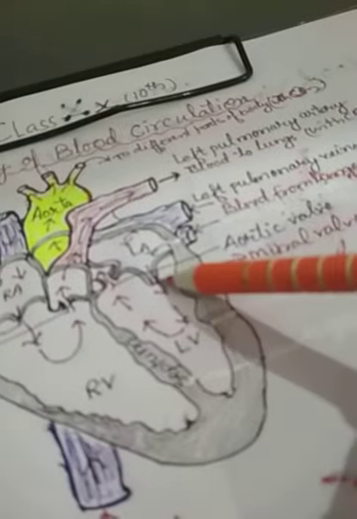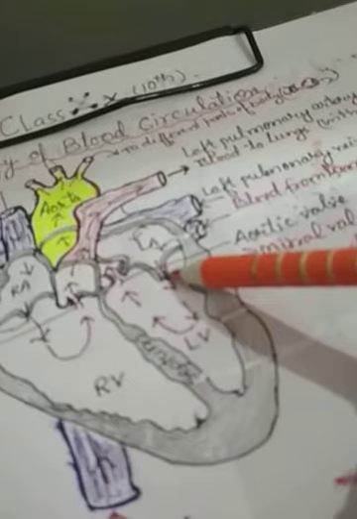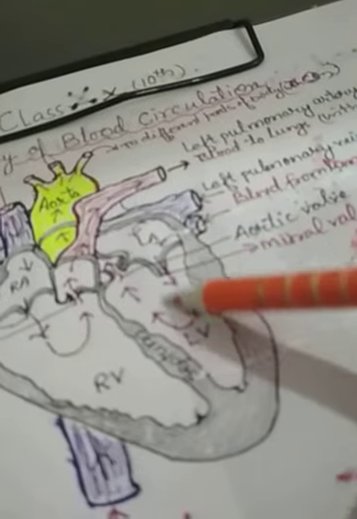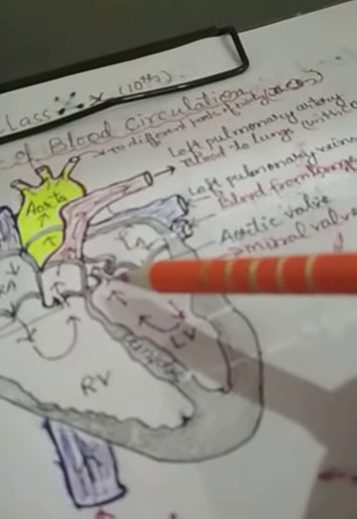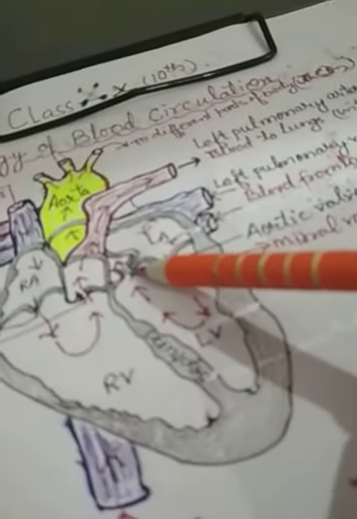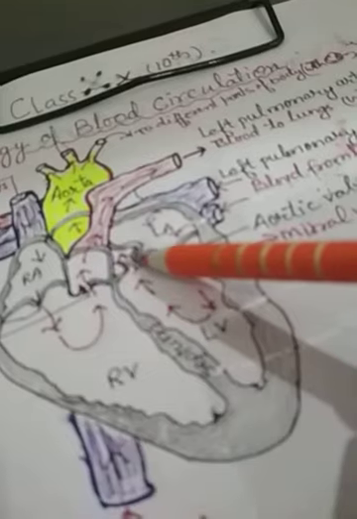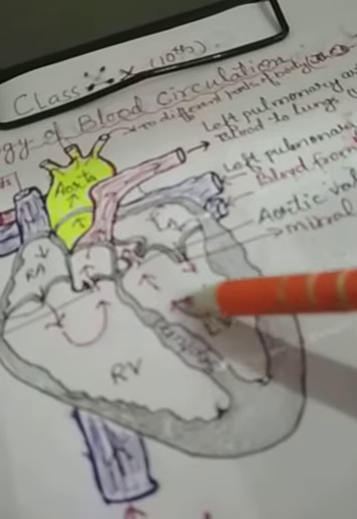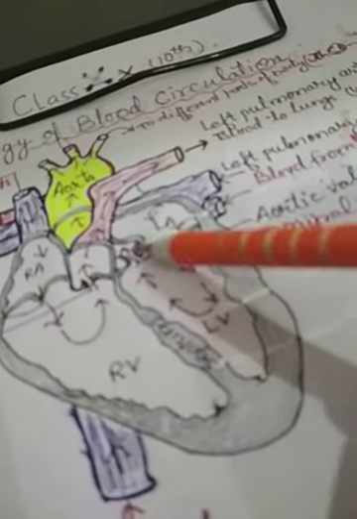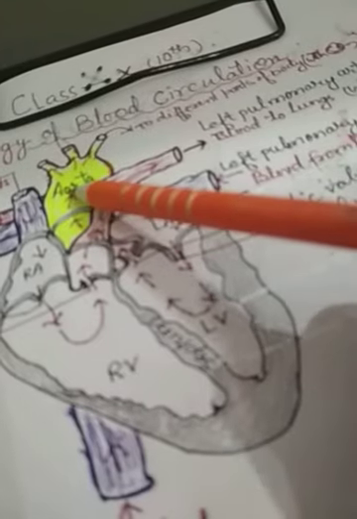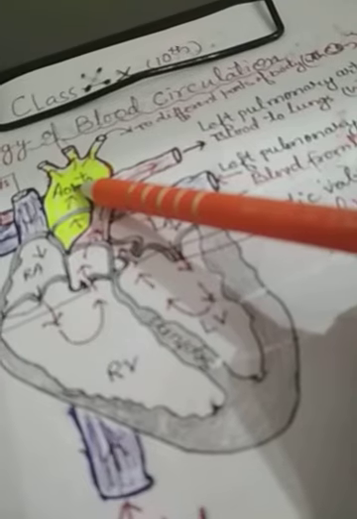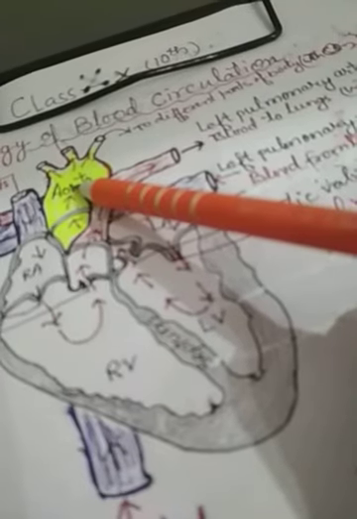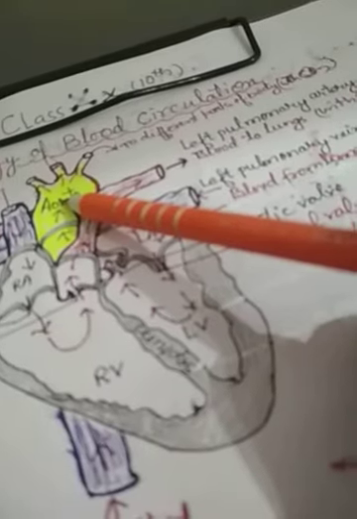This mitral valve facilitates the blood flow from the left atrium to the left ventricle, and the aortic valve connects the left ventricle to the aorta. This is the dorsal aorta, the main artery for supplying oxygenated blood to the different parts of the body.